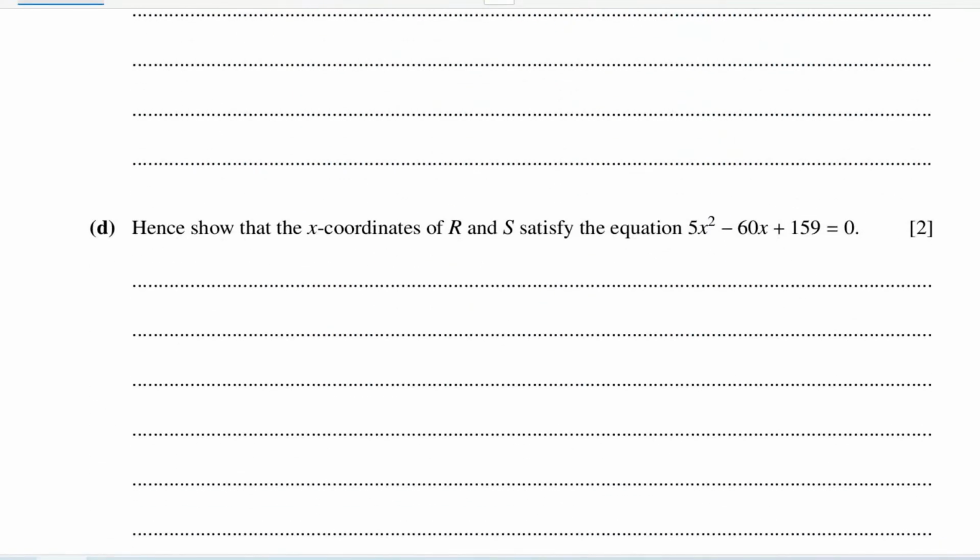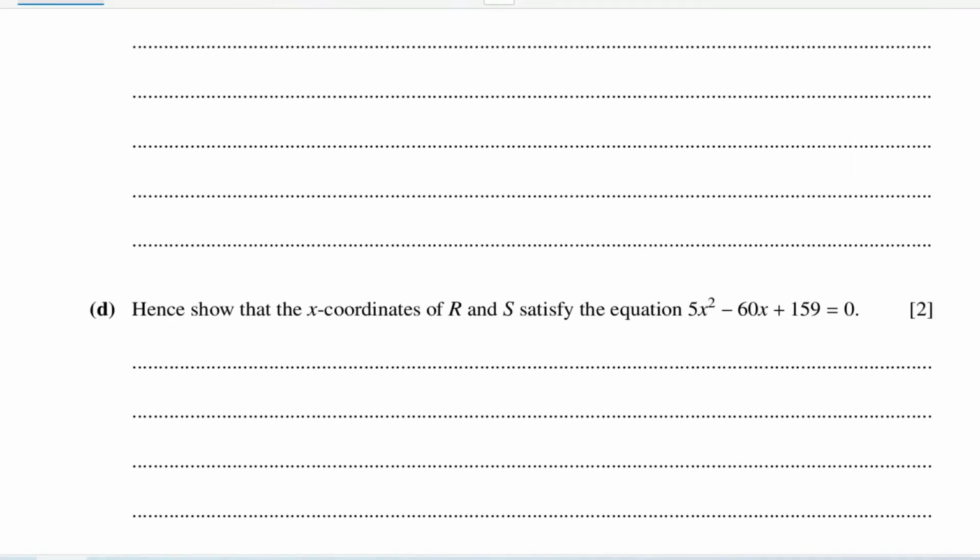The D part of the question is: hence show that the x coordinates of R and S satisfy the equation 5x square minus 60x plus 159 equal to 0. Take any one circle equation, C1 or C2.